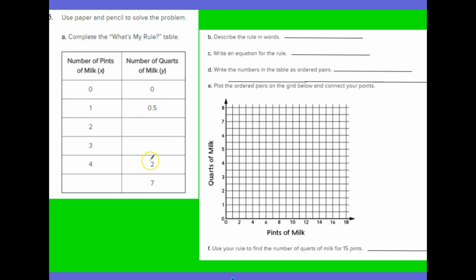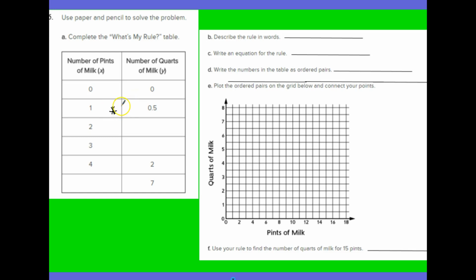Same with this one, y is half of x. 2 is half of 4, and 0.5 is half of 1. So I know that my rule is dividing by 2. They're dividing the x in half, or I can say multiplying by a half. It's the same thing.